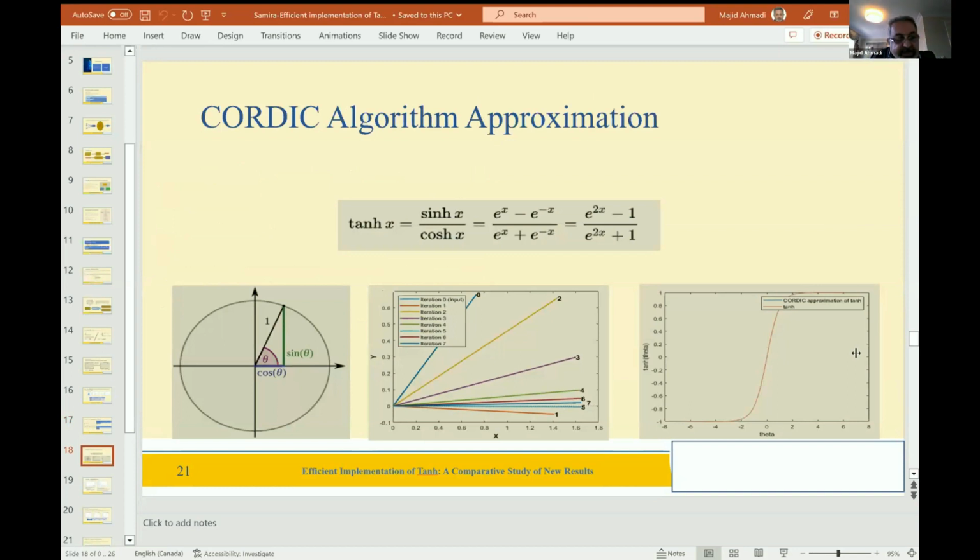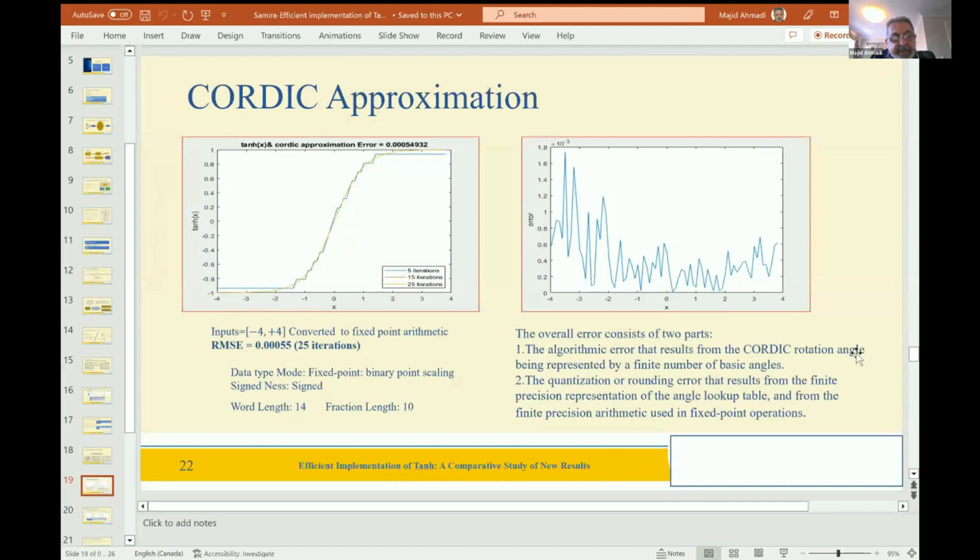It is iterative and gives very accurate results. Here, we are looking at the CORDIC approximation of the tangent function for a word length of 10 and fraction of 10. You could see that the error we have is practically 0.5 times 10 to the power minus 4, which is quite good.